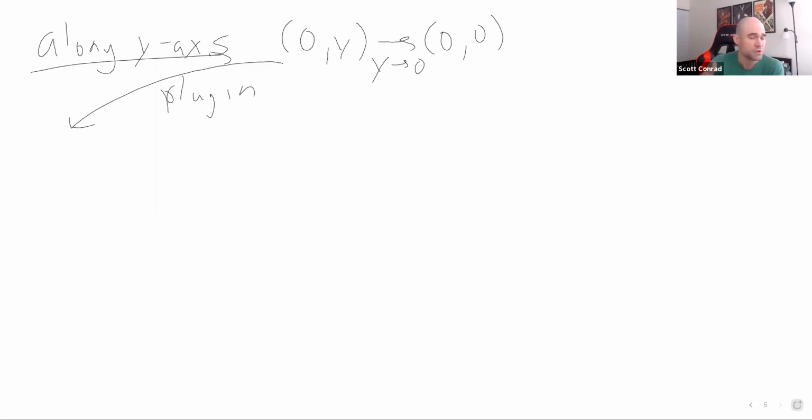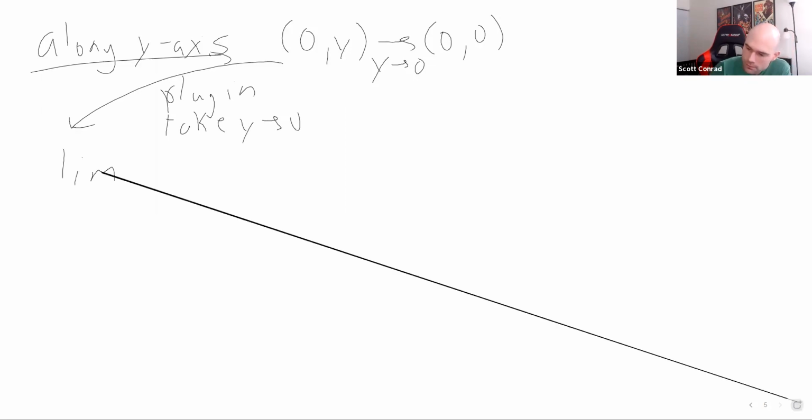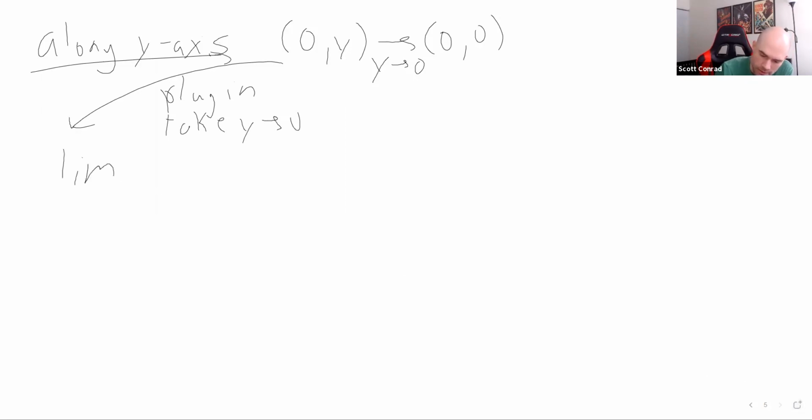So we plug in 0 for x, y for y, and we take y to 0, and then we take the limit. So limit as y goes to 0. So our function was x squared over x squared plus y squared. We're plugging in 0 for x and y for y. And what is the limit as y goes to 0 of 0 squared over 0 squared plus y squared? It's 0.